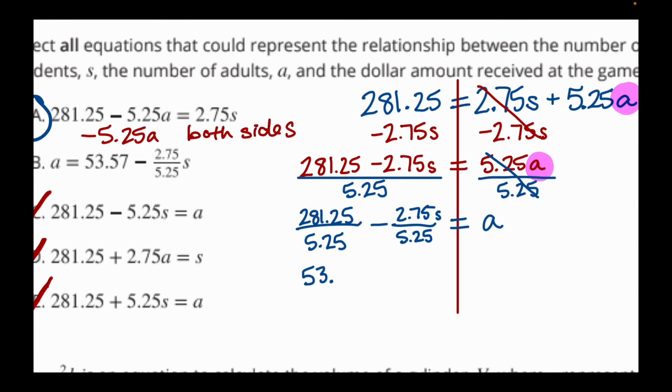They have 53.57. That's actually what we would round this to, because it goes on 571, and then there's more to it. We can round, and then minus the 2.75s over 5.25 is equal to a.